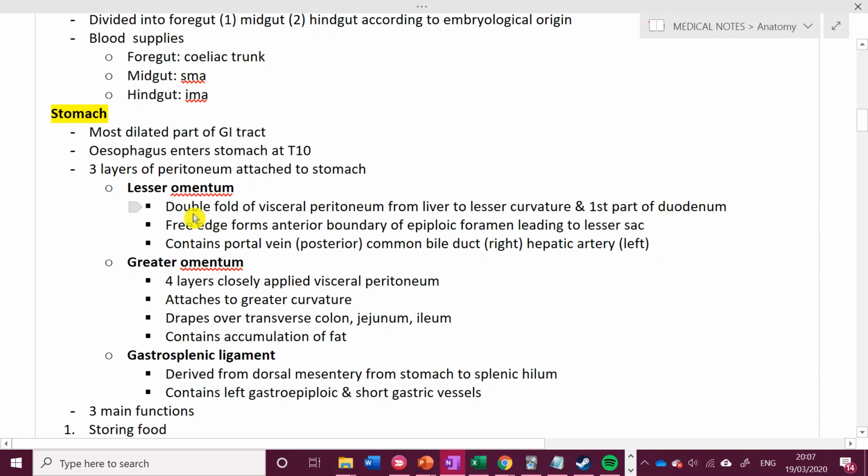So as we saw before on that diagram, the lesser omentum is a double fold of visceral peritoneum. It extends from the liver to the lesser curvature and the first part of the duodenum.